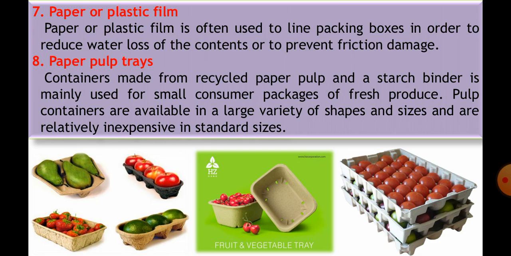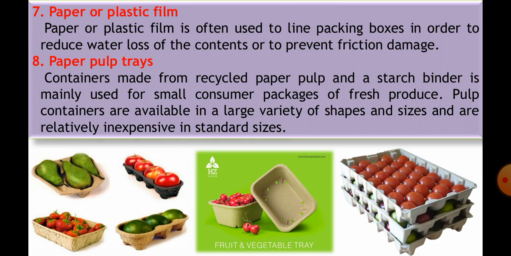Pulp containers can absorb surface moisture from the product, which is a benefit for small fruits and berries that are easily harmed by water. Pulp containers are also biodegradable, made from recycled material, and recyclable.